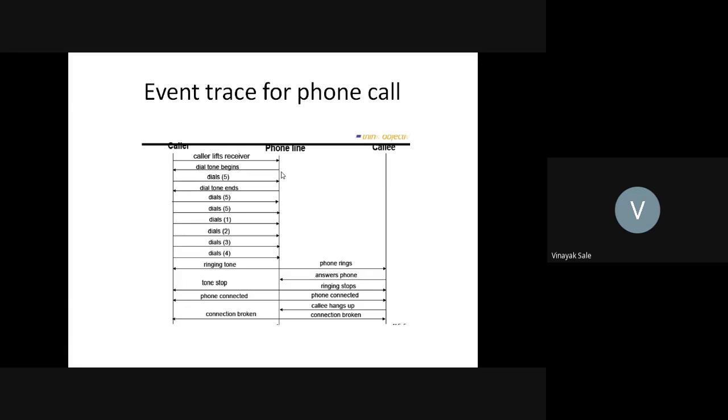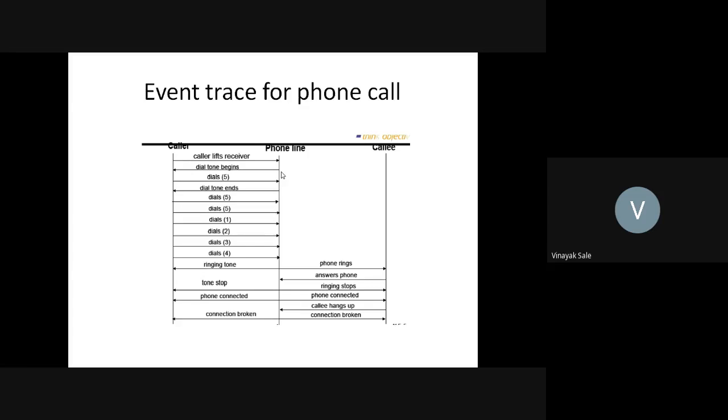On the left side is the caller, on the right side is the callee, and the middle one is the phone line. Whenever the caller calls someone, first the caller lifts the receiver. Then a dial tone begins from the phone line to the caller. When any number is dialed, the dial tone ends, then the caller dials a particular phone number, from caller to phone line.